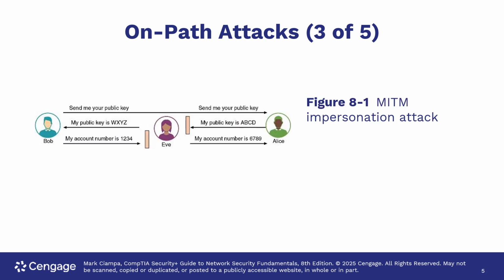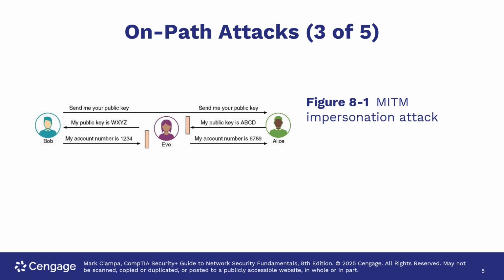So you have Bob here who says to Alice, send me your public key. Alice responds, my public key is ABCD, but you can see here where Eve is intercepting that and sending Bob Eve's public key, which is WXYZ.